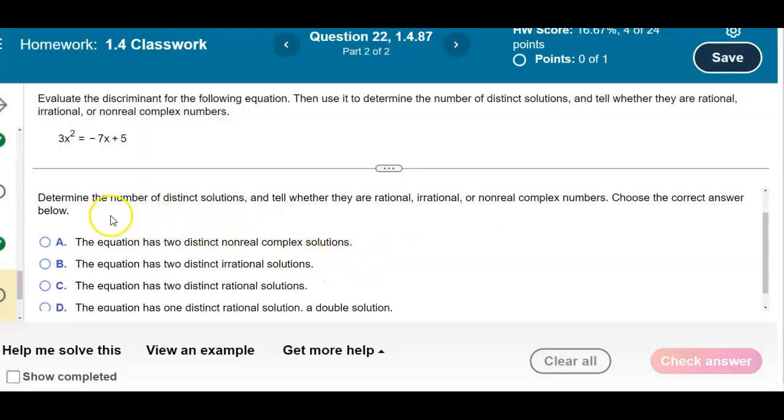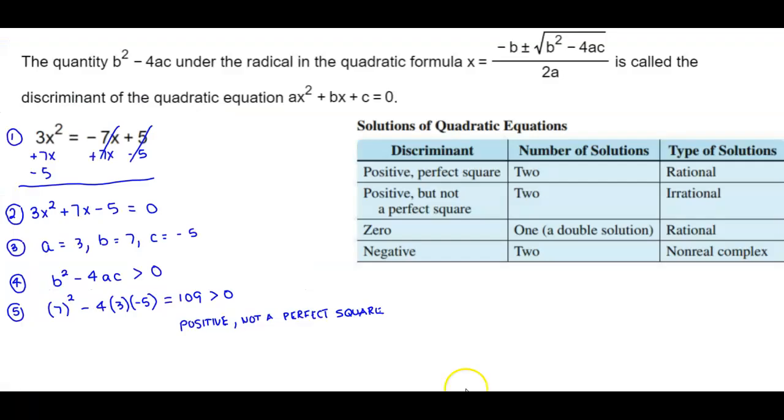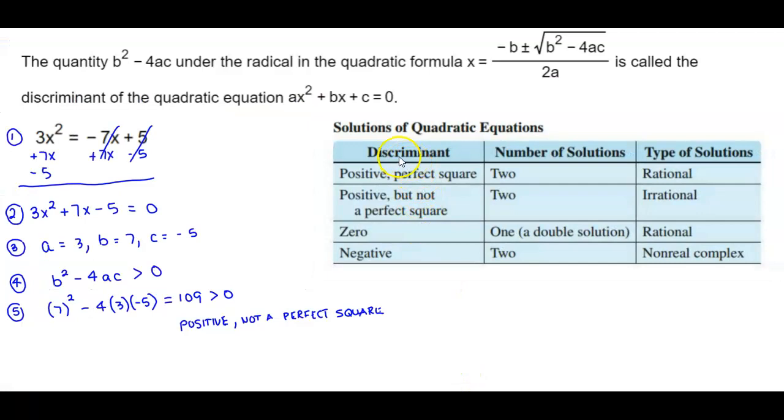Okay, now we need to determine the number of distinct solutions and tell whether they are rational, irrational, or non-real complex numbers. Recall that the discriminant is going to tell us the number of solutions and the type of solutions.